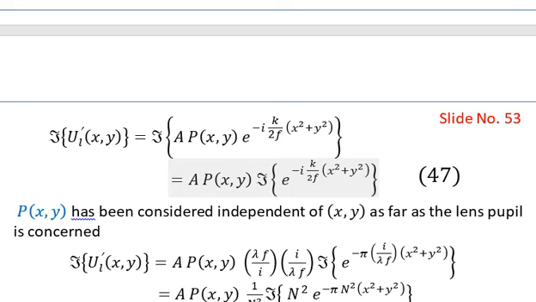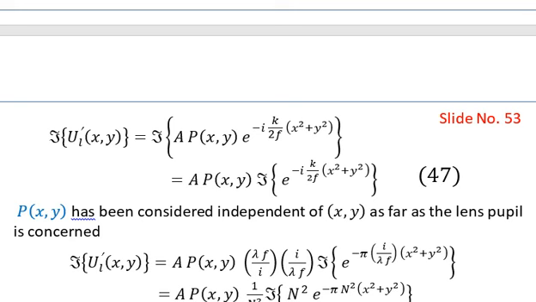So this pupil function is taken out of the Fourier transform operator as a function of x and y, and we shall later address the pupil function in detail. So the Fourier transform operator has operated on the exponential part, which contains x and y, that is, in equation number 47 in the second step, the operator is operating on e to the power minus iota k over 2f and x square plus y square.